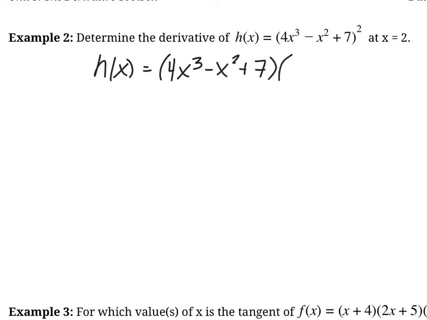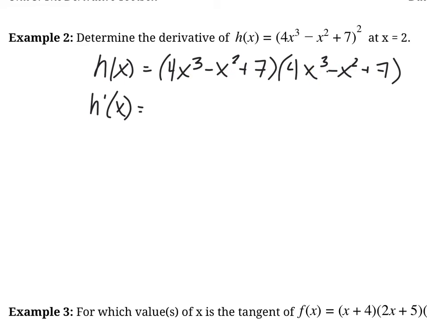First thing we could do is rewrite h of x as 4x cubed minus x squared plus 7, and the squared part really just means that's repeated, right? 4x cubed minus x squared plus 7. Okay, so that's really what our h of x is. We can use the product rule on this because it's two functions being multiplied. So let's do that. h prime of x is equal to, and if you remember the pattern, it's basically derivative of this times this plus this times the derivative of this.